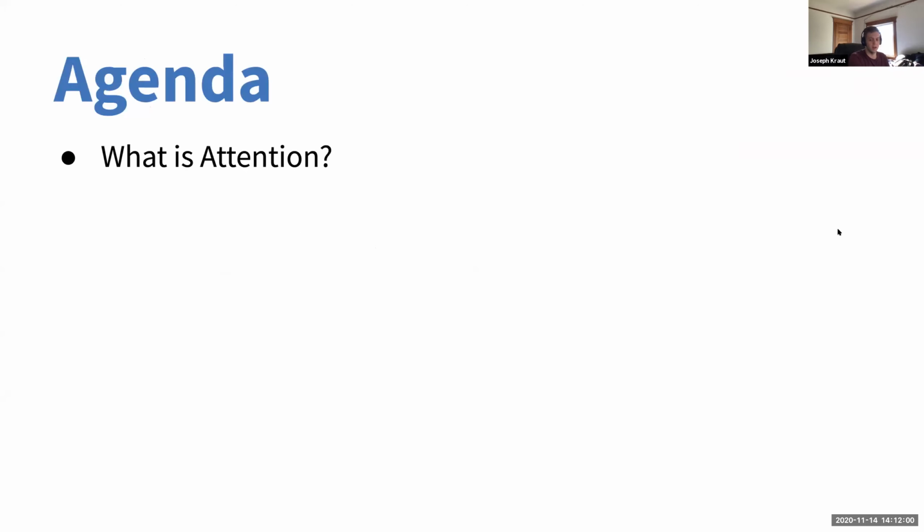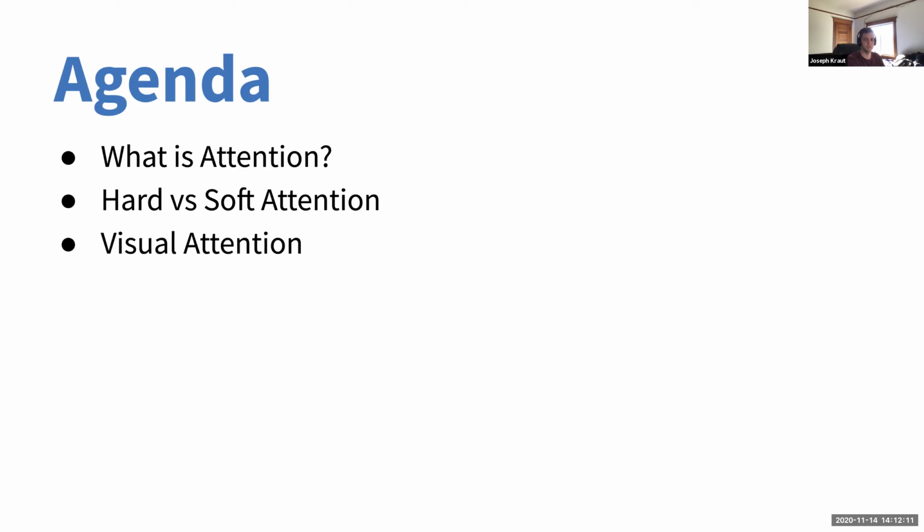So for our agenda, first thing I'm going to talk about is what is attention, and then I'm going to talk about the classification of attention mechanisms into what we call hard and soft attention. We're going to talk about attention for vision problems and some solutions that have been designed there. We're going to talk about a paper called Attention is All You Need.